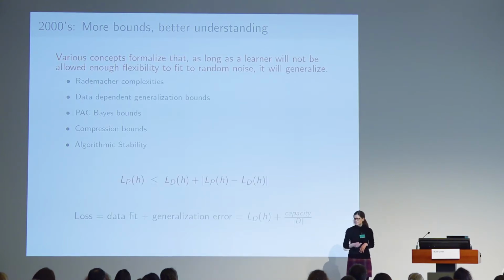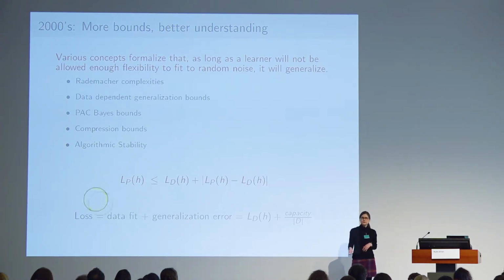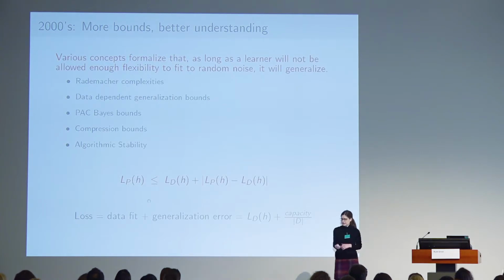And basically, we're still in this mindset that the error we should be expecting on test data, on data that we have not used during training, should somehow depend on how well our class is going to fit our training data, plus some sort of capacity of the class, right? So that was still the general belief.